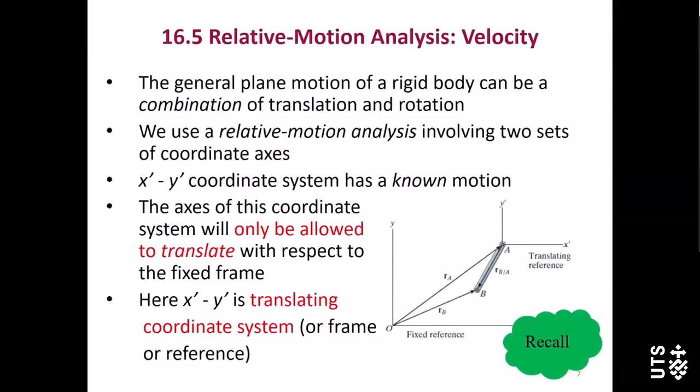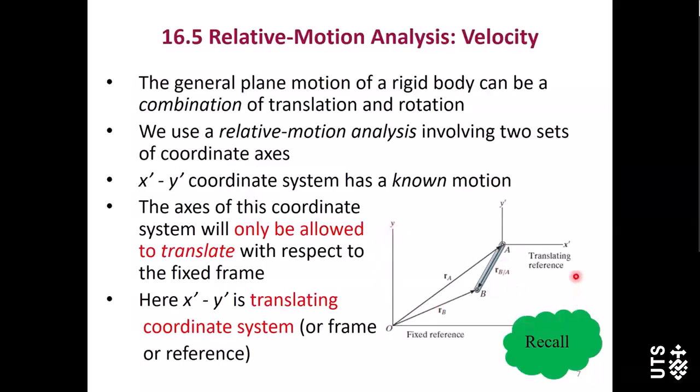Okay, now let's see how we can work out the equation for relative motion analysis. We used this slide before when we studied relative motion analysis of velocity. In this one here, we have two coordinate systems. One is x, o, y. This one is fixed.